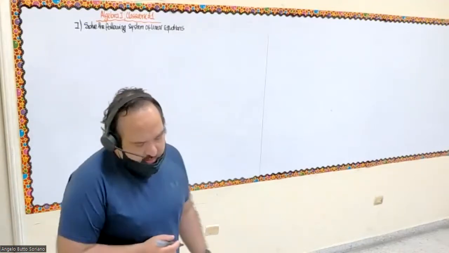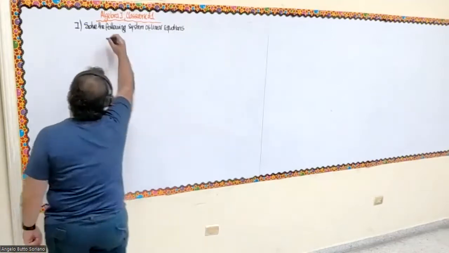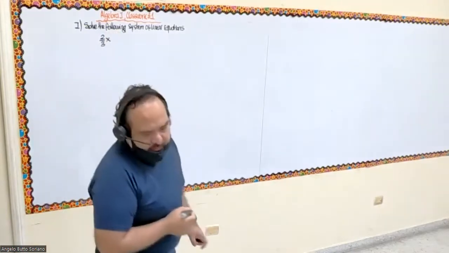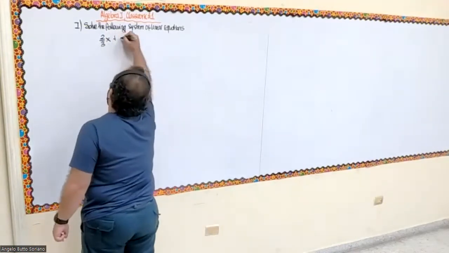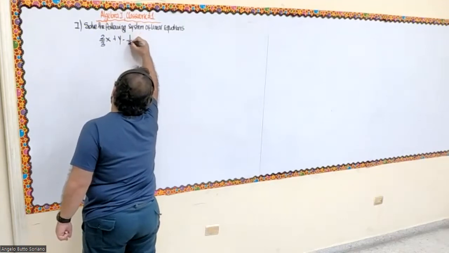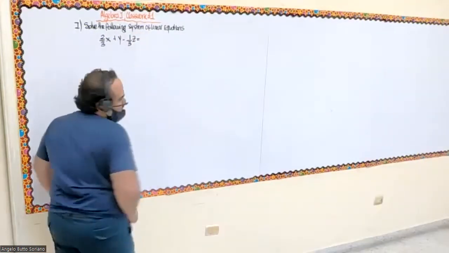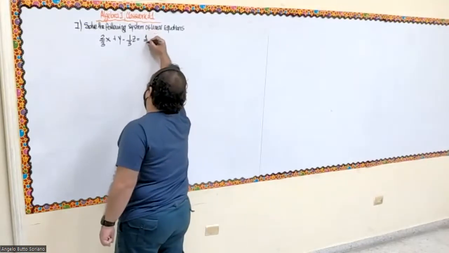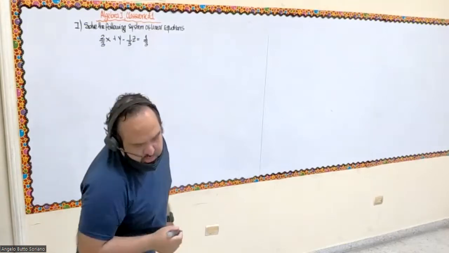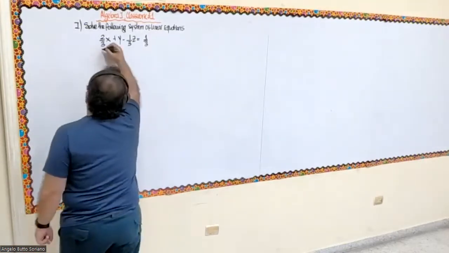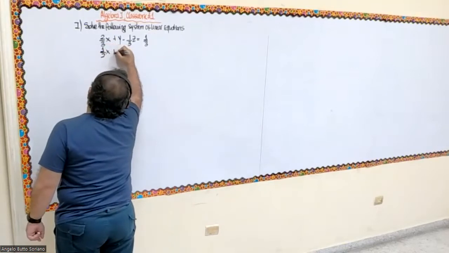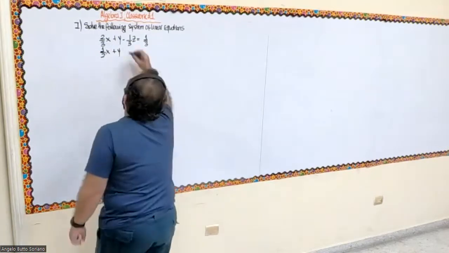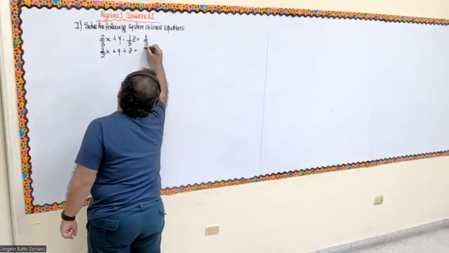In the first system of linear equations, we have 2/3 x plus y minus 1/3 z equals 1/3. The second equation is 1/2 x plus y plus z equals 5/2.